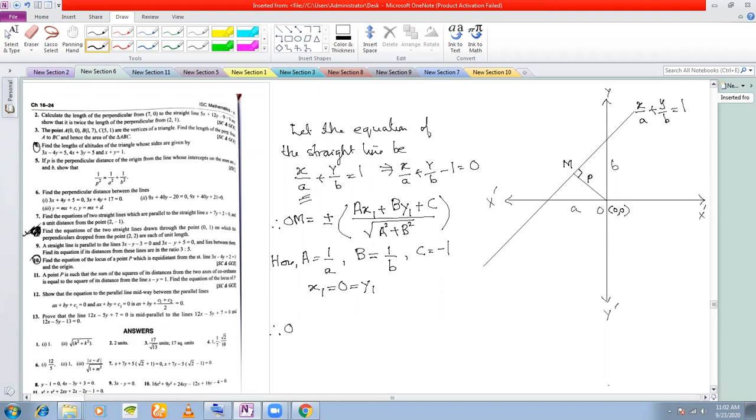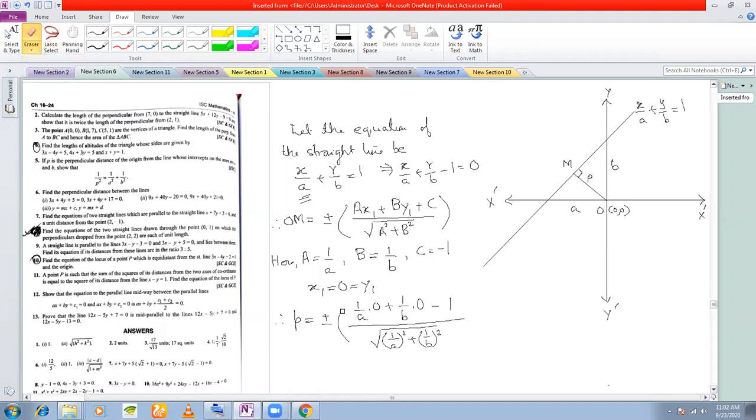So x1 and y1 both are 0. So therefore, what is the perpendicular distance OM, or let's say P? OM is P. Therefore, P is equal to plus or minus, A is 1 by a, x1 is 0, this is 1 by b, 0, and C is minus 1, divided by square root of 1 by a whole square plus 1 by b whole square.